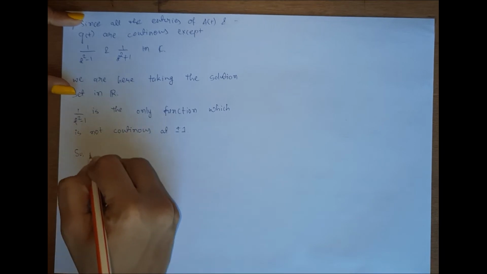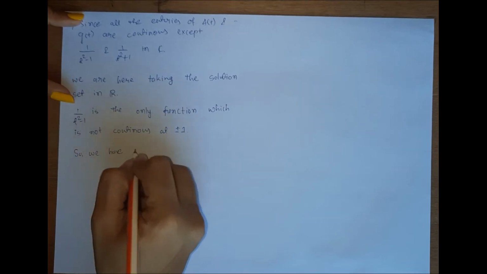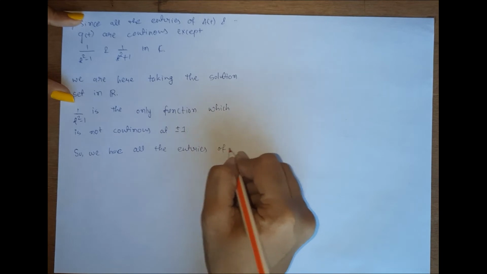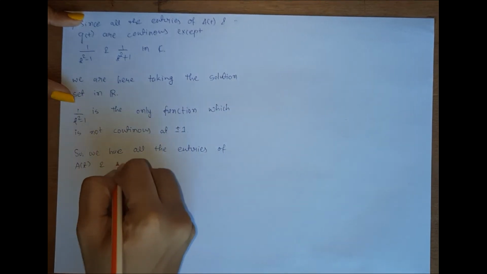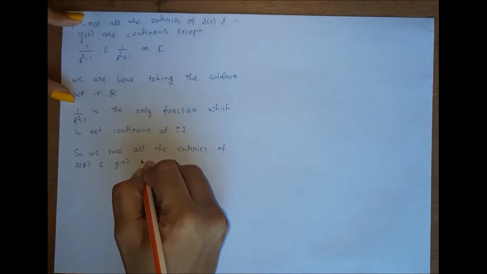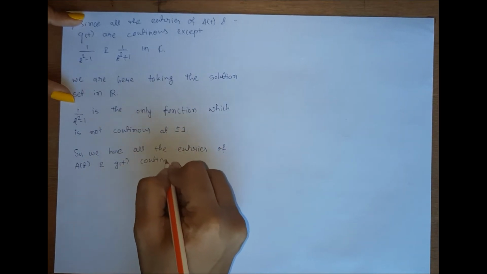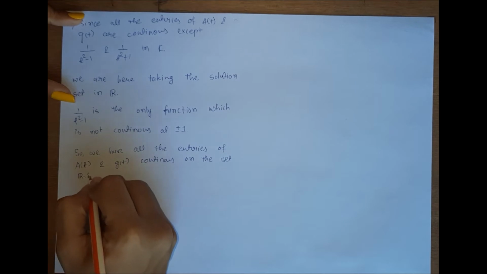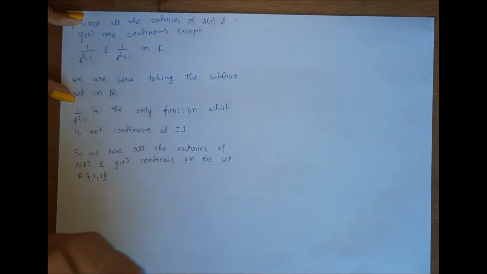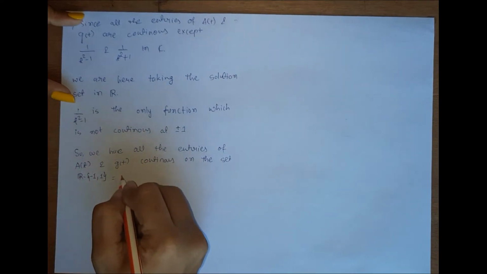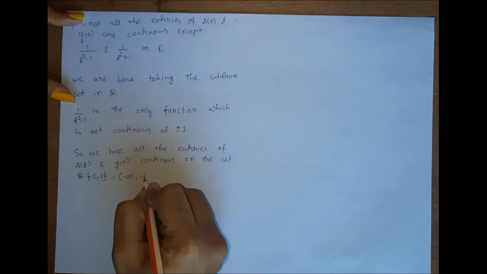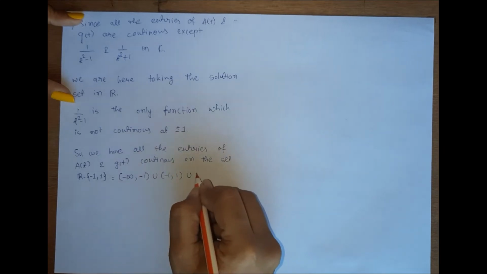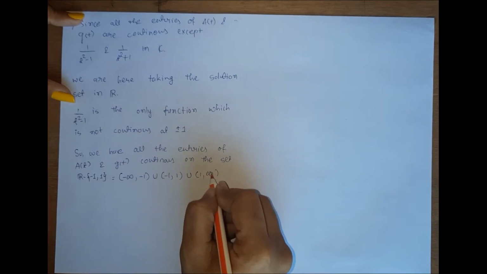So we have all the entries of A of t and g of t are continuous on the set R minus -1 and +1, which can be written as minus infinity to minus 1 union open interval minus 1 to plus 1 union open interval 1 to positive infinity.